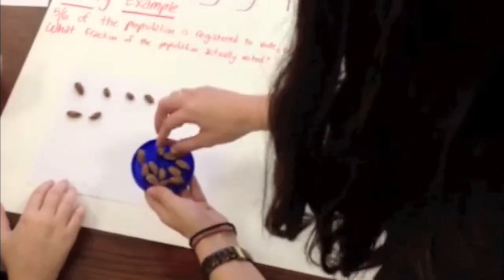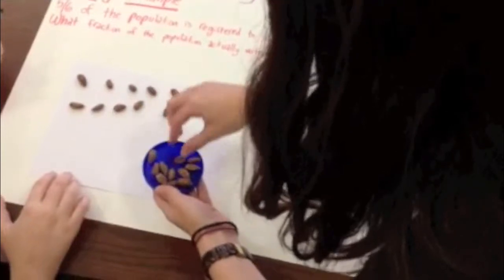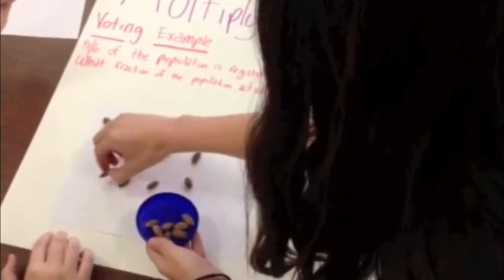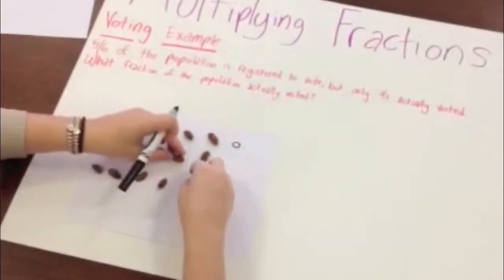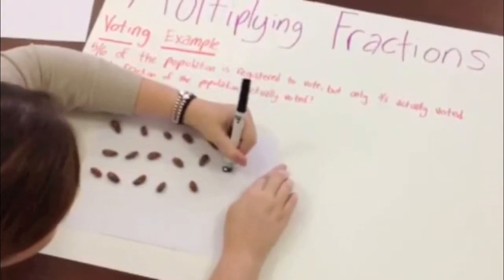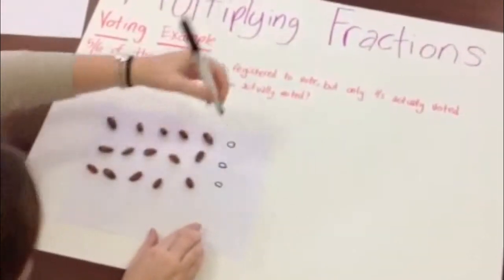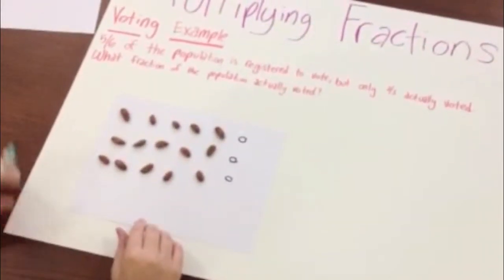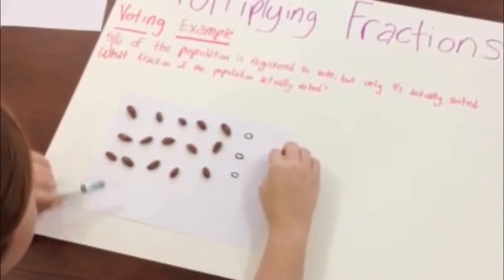Here we have our other voters coming in. Perfect. And these are all lined up, and we have to carry down this other voter so that we don't change the actual proportion of the people that voted. So now we have 3 equal groups here.